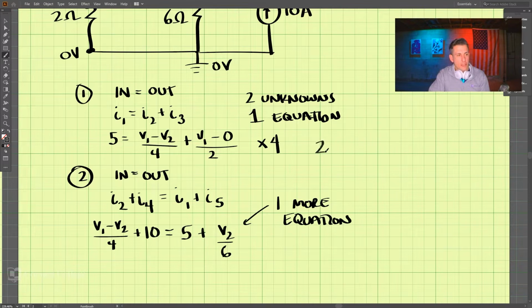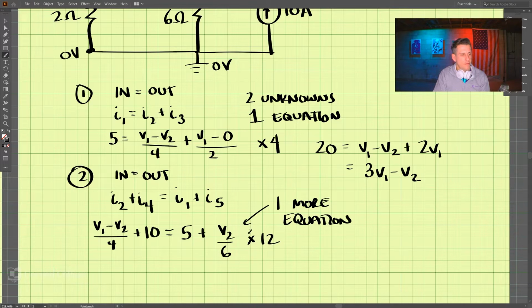So that equation becomes 20 equals V1 minus V2 plus 2V1, so that is equal to 3V1 minus V2. This equation here we can multiply by 12.